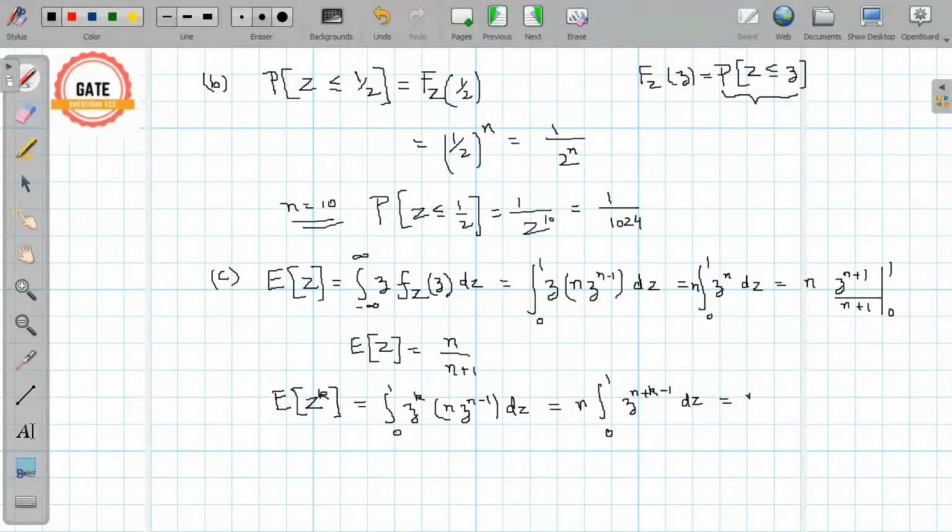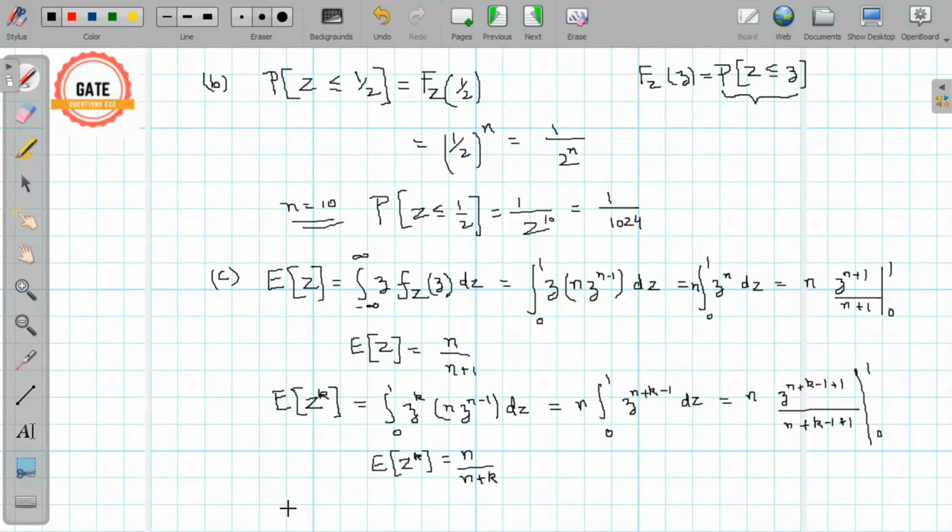So integrating, we will get z raised to power n plus k minus 1 plus 1 divided by n plus k minus 1 plus 1, limits 0 to 1. So you can calculate this. This will come out to be the expectation of z raised to power k will be equal to n over n plus k.